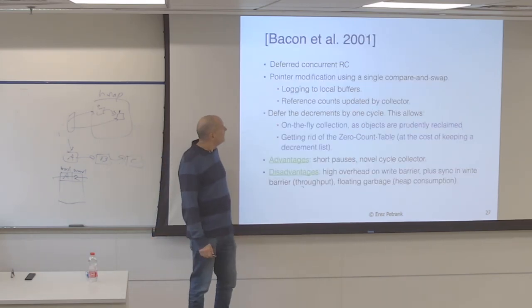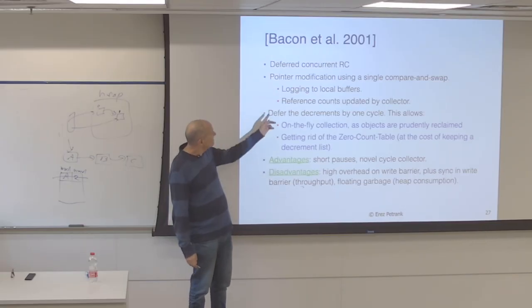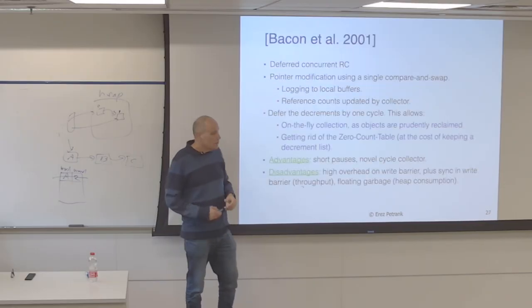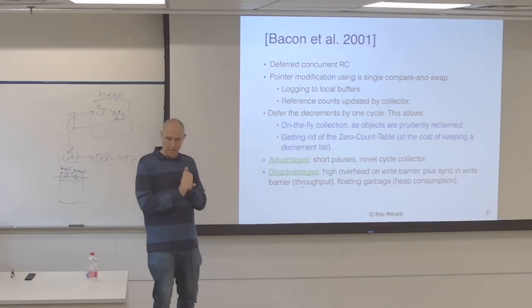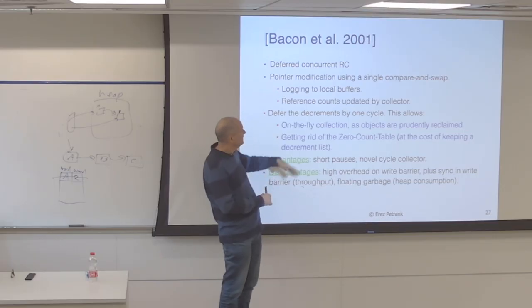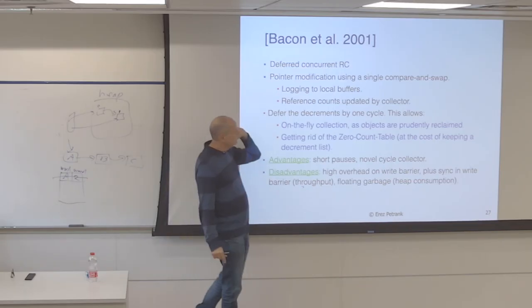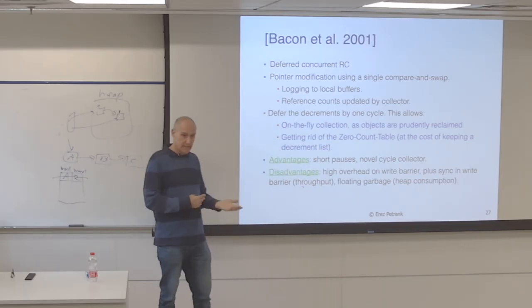Okay. And then in 2001, so this is 90, and then 10 years later, there was a work by 5 really serious researchers in IBM in New York, and they did state-of-the-art reference counting for that time. They implemented all the ideas that were known in the papers by then.